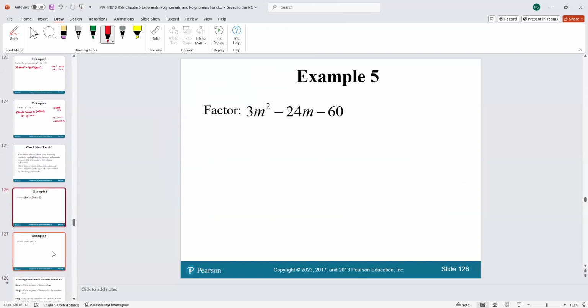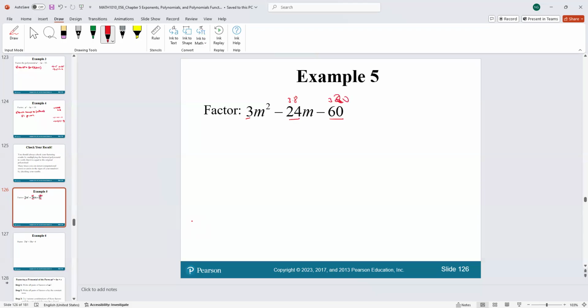So if we try to do more examples, look at this one. First of all, there's a GCF here. If you look at that, the greatest common factor there is 3, because 24 is 3 times 8, right? And 60 is 3 times 20.